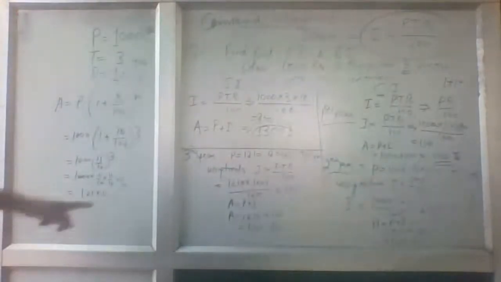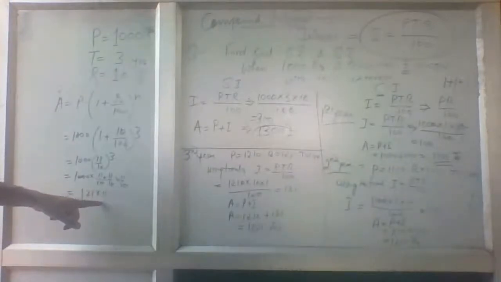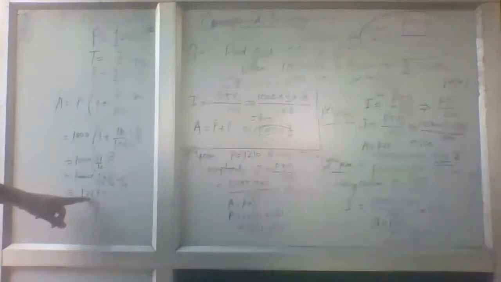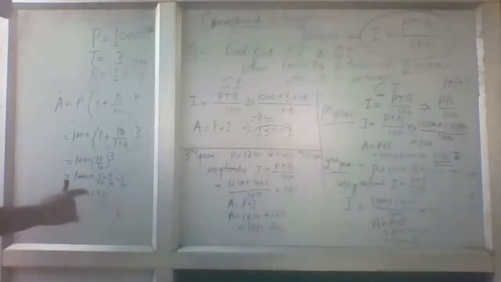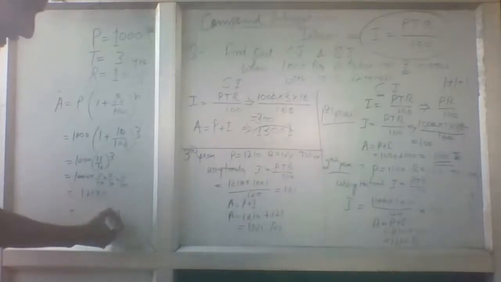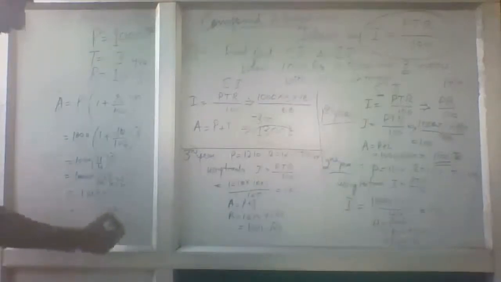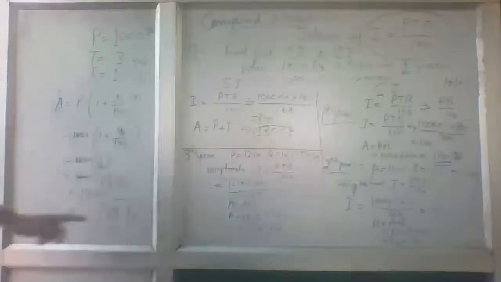Now it is very simple. When you multiply 121 by 11, the final digit will remain 1, then 2 plus 1 is 3, 2 plus 1 is 3, and 1. It means 1331 rupees have been formed.